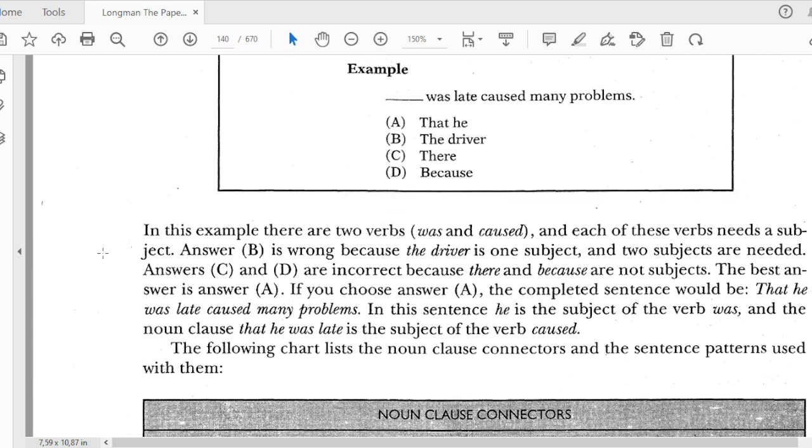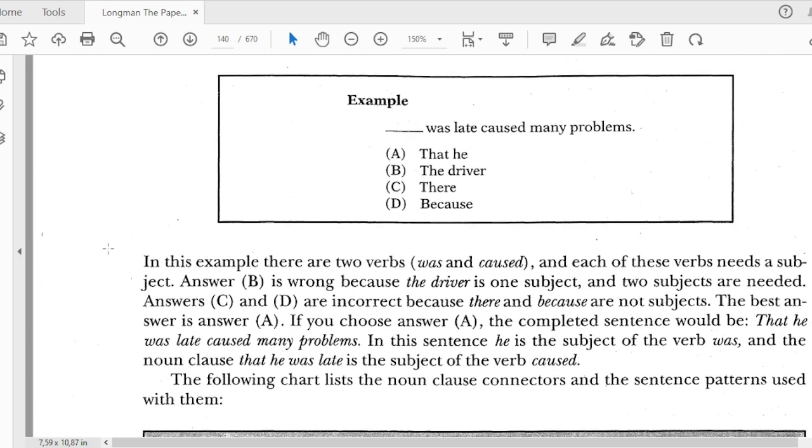Okay, we have an example here: he was late because many problems. In this example there are two verbs, was and caused, and each of these verbs needs a subject.